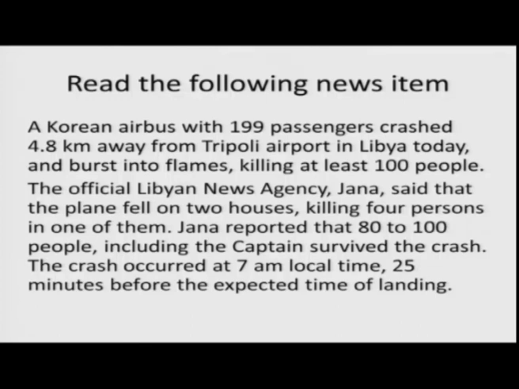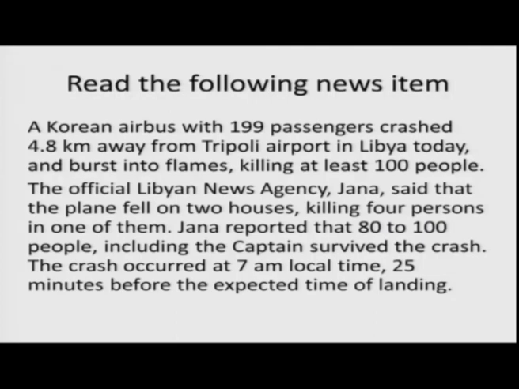Jana reported that 80 to 100 people, including the captain, survived the crash. The crash occurred at 7 a.m. local time, 25 minutes before the expected time of landing.